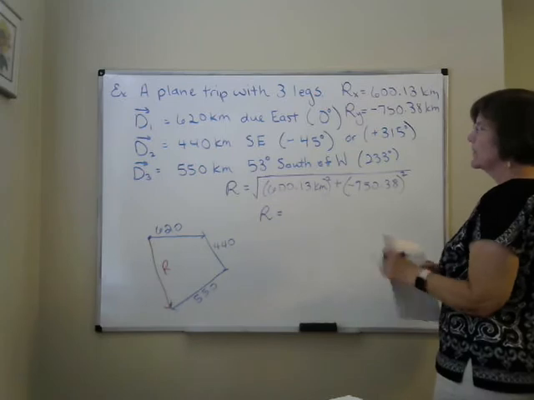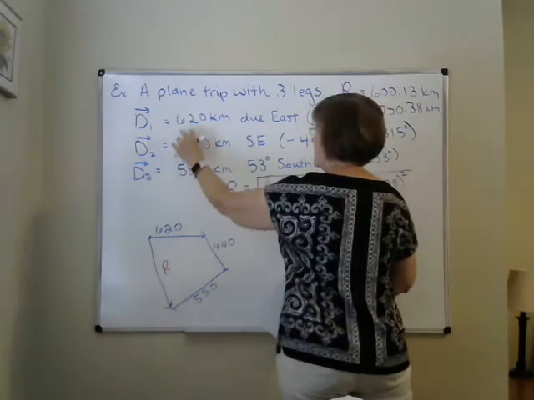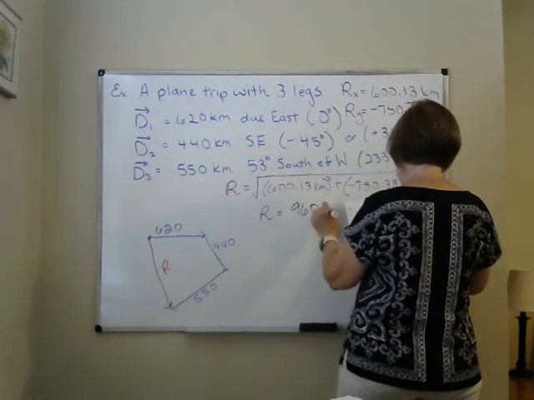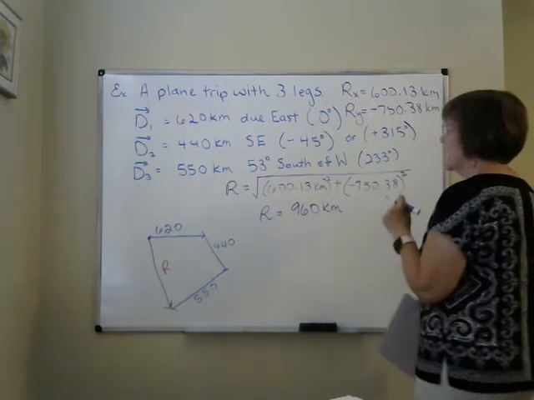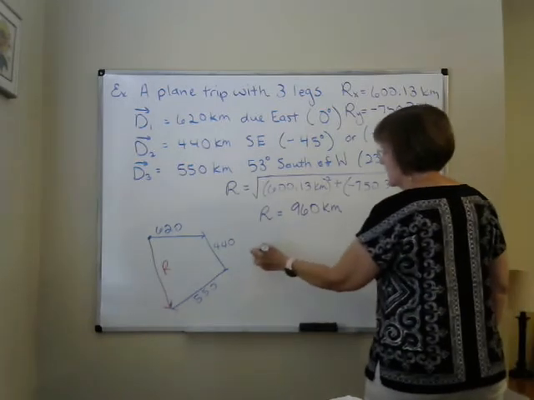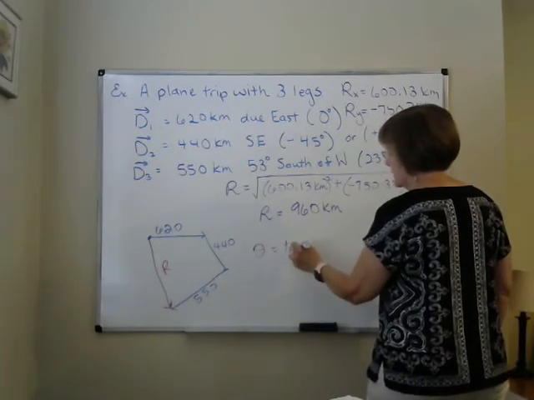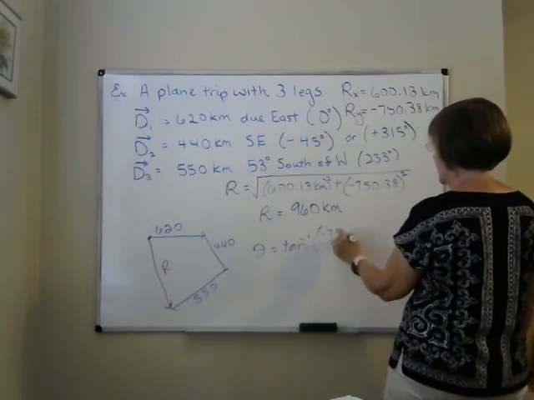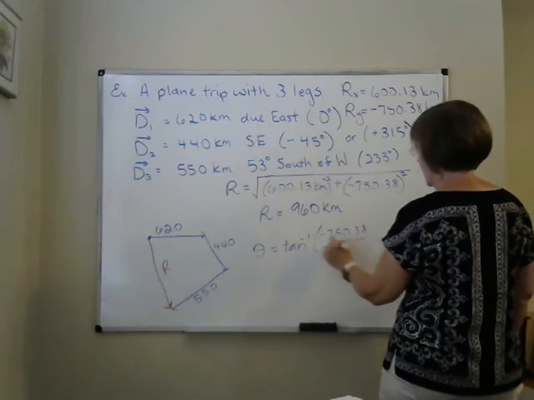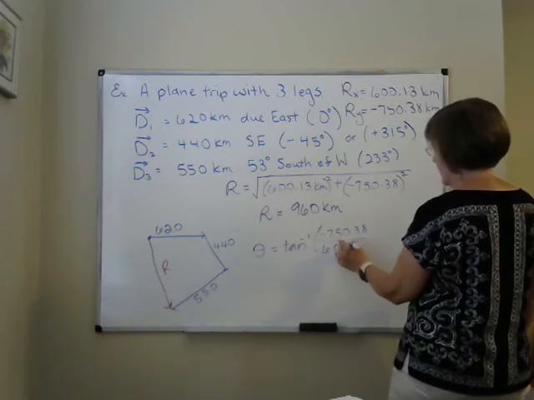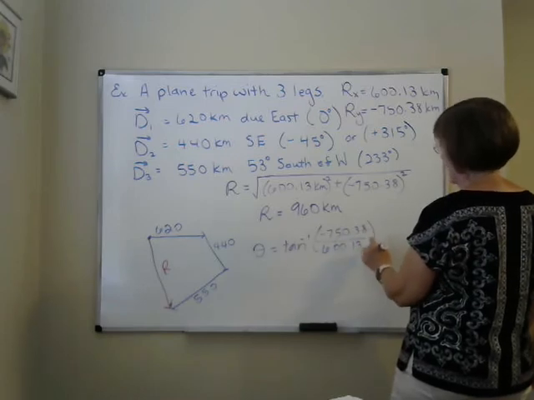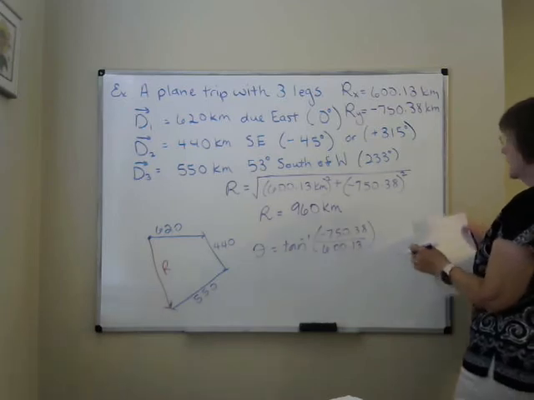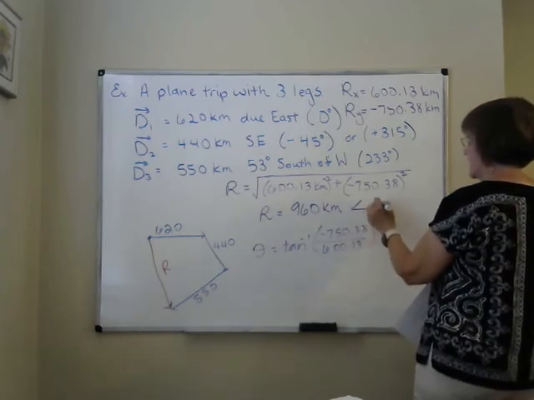At this point, I'm going to round to 2 digits. Notice I had 2 digits, 2 digits, 2 digits. It comes out to be 960 kilometers. I don't have my angle yet. Theta is equal to the tangent inverse of y, negative 750.38, over x, 600.13. And it comes out to be negative 51 degrees.